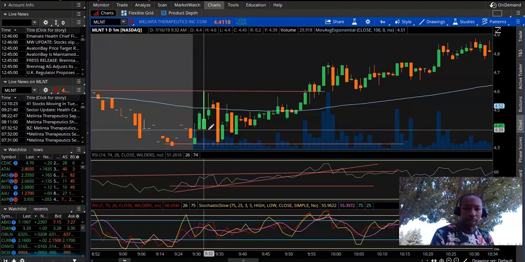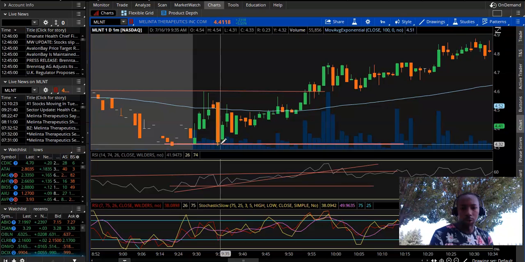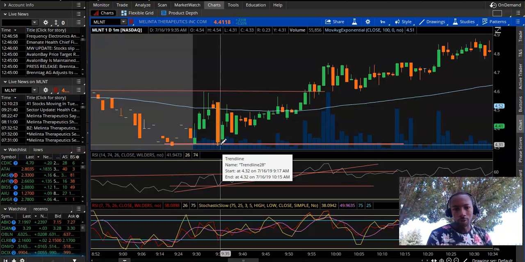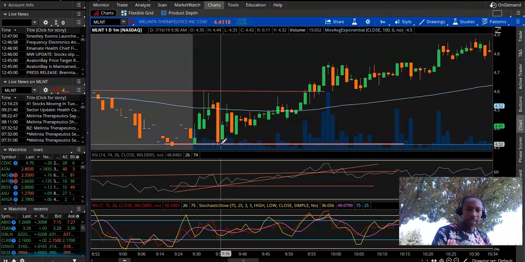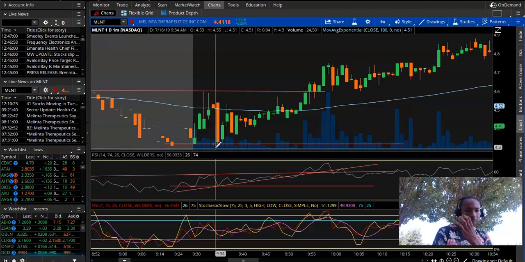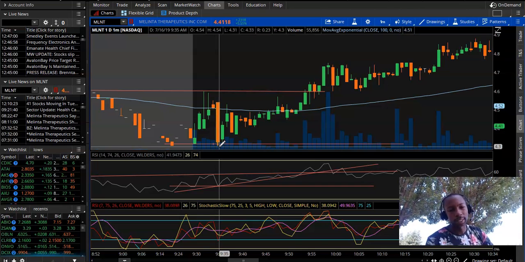I didn't plan out my stop, which should have been right here below 431. It touched there, but it didn't close there. And even that wouldn't have been my real stop. It would have been a little bit lower, probably 429, because I was only trading with 300 shares.